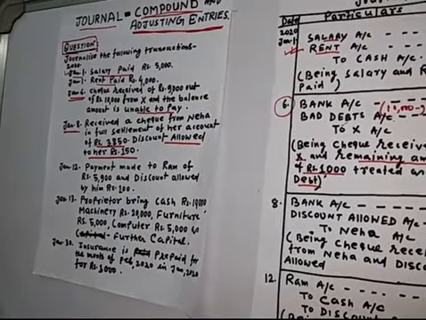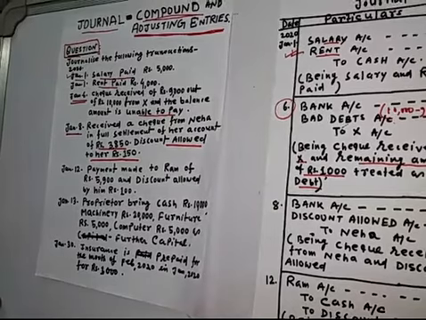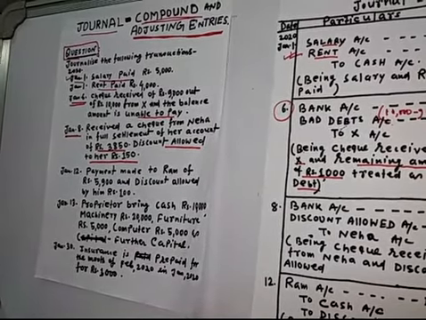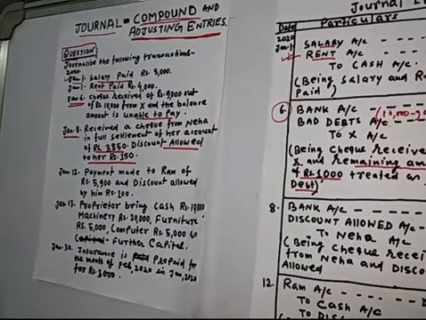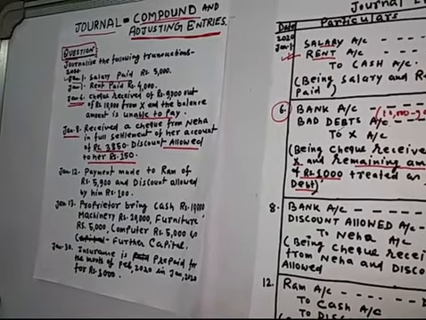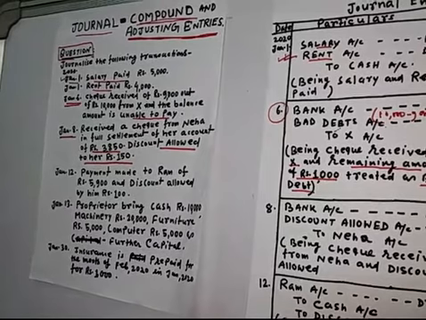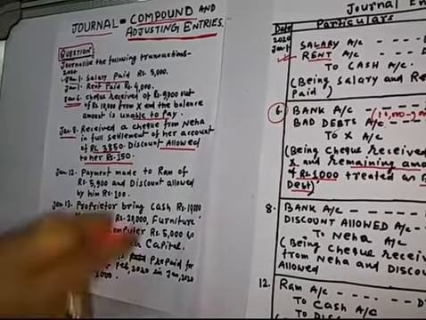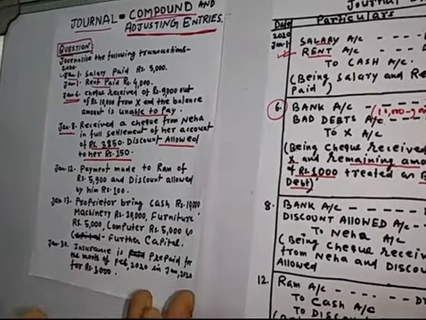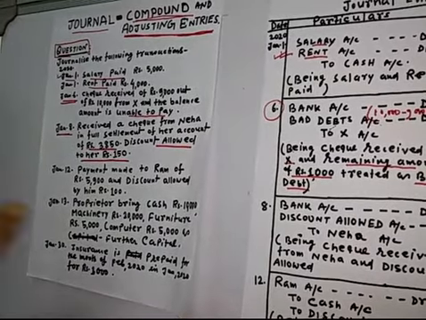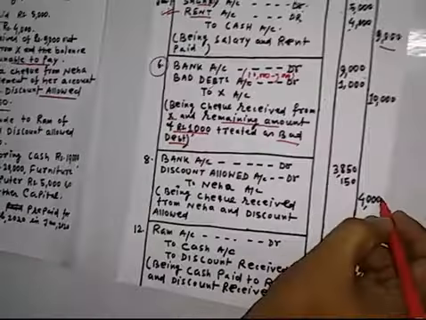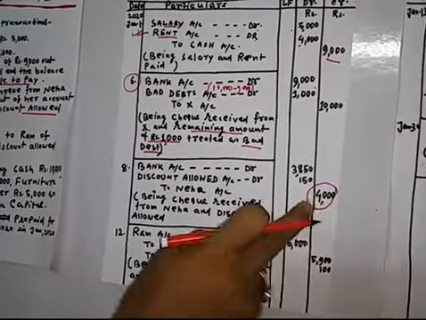It means you are getting money from Neha of rupees 3,850, and for collecting 3,850 rupees you are allowing a discount to Neha of 150 rupees. So the total transaction is how much? 3,850 plus 150, that is 4,000. So the total transaction is 4,000.